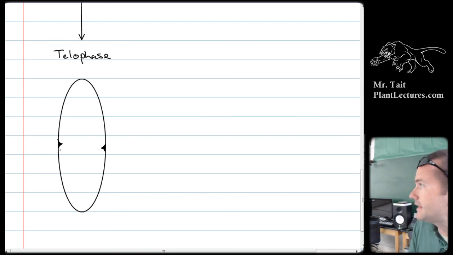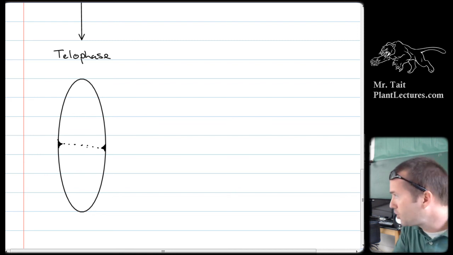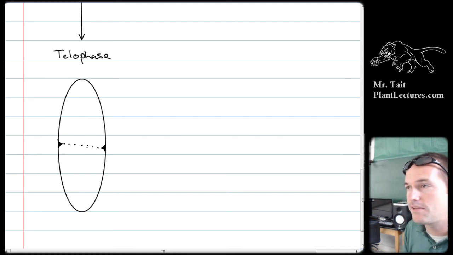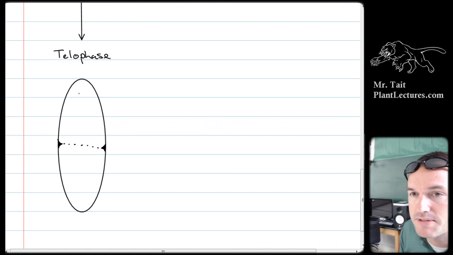Okay, you got these little pinches on the side, and the reason for this is that there is an actin filament, contractile filament in there that is pulling the sides of the cell membrane together. Okay. Telophase, other than that, is the exact opposite of prophase.